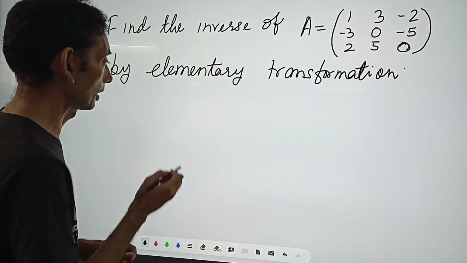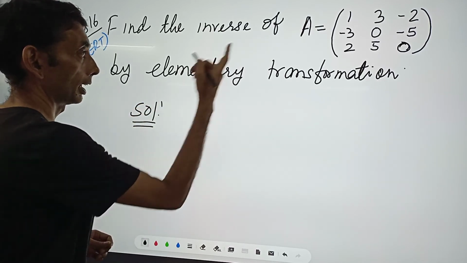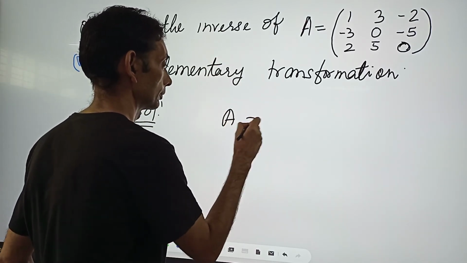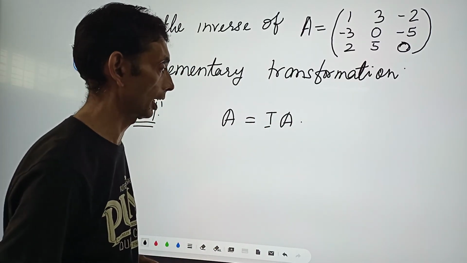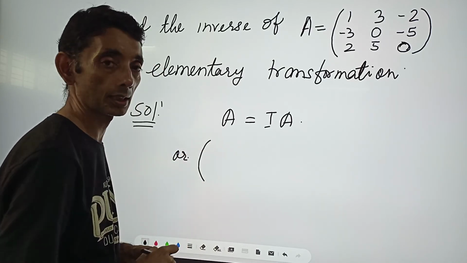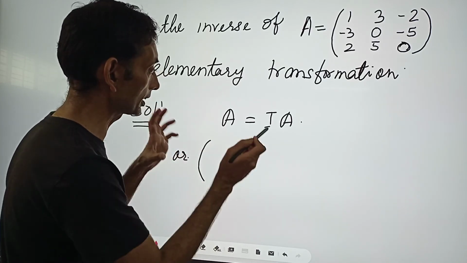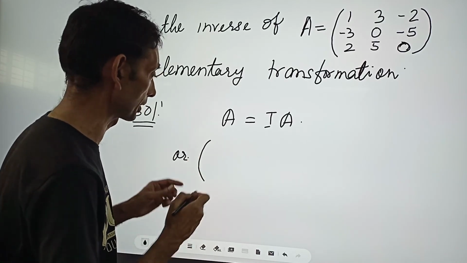So as you know, for row transformations, A can be written as I into A. If you have seen the previous video, I have already given that explanation for row as well as column transformations.